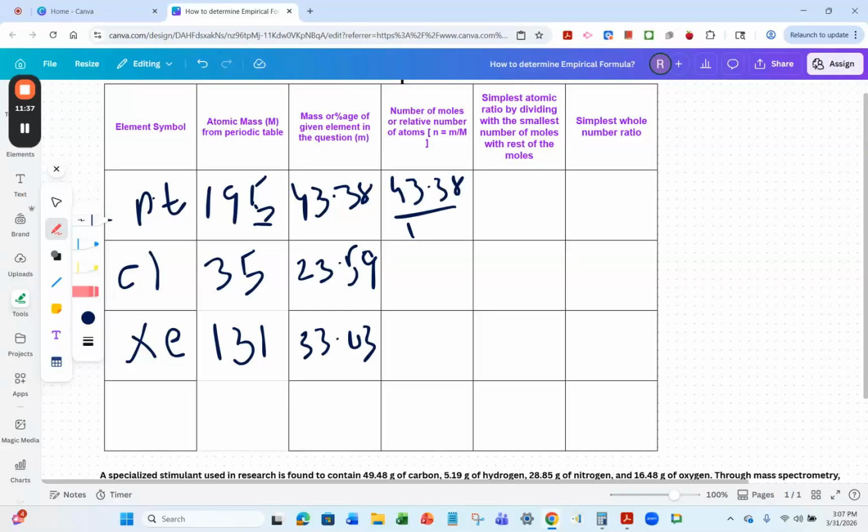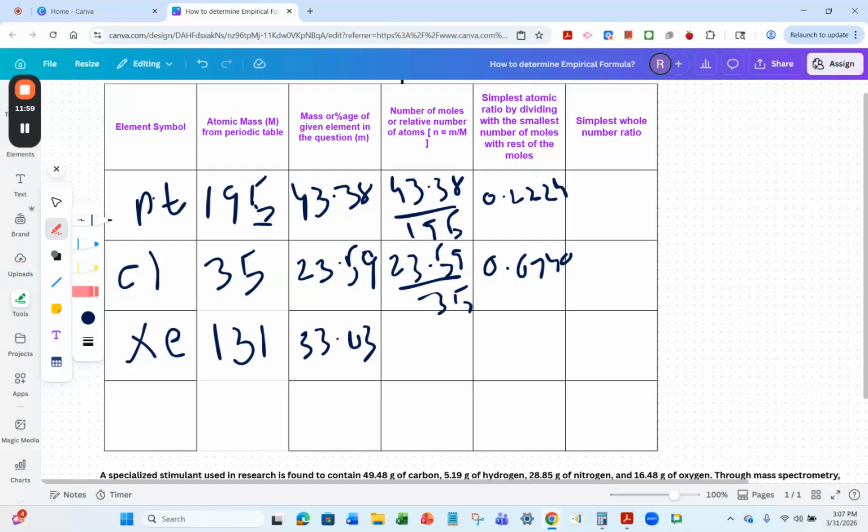Then we have to find the number of moles, 43.38 divided by 195, which is equal to 0.2224. And for chlorine, it's 23.59 divided by 35, which is equal to 0.6740.